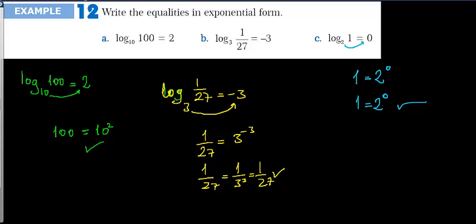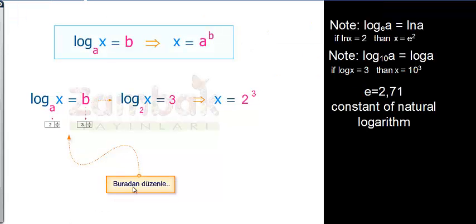If we continue with the next example, here this number shows the base, and this number b shows the power. Base and power. 2 to the power of logarithm base 2 of x, normally if it is equal to 3, it means that x is equal to 2 to the power of 3.